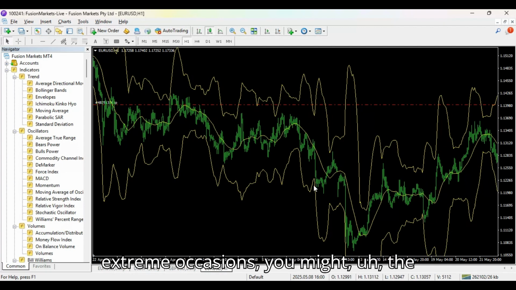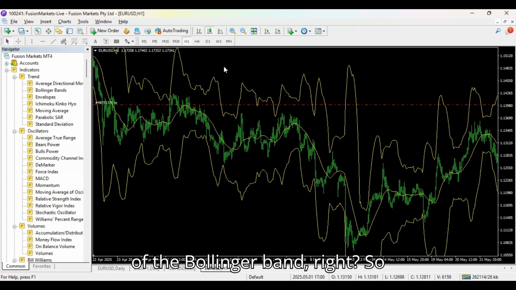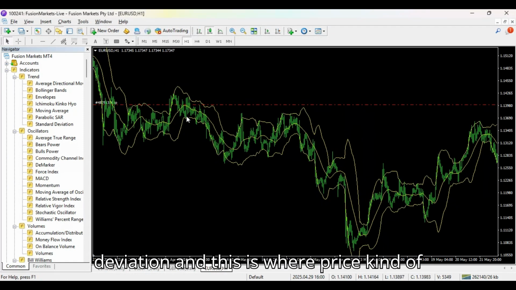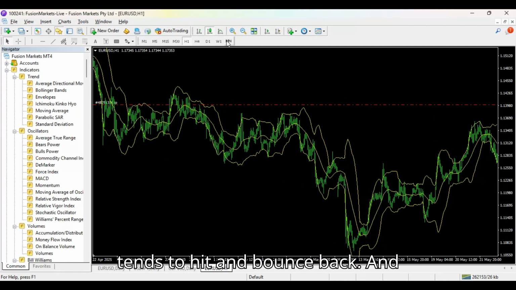Only on extreme occasions the price actually hits the bottom band of the Bollinger Band, right? So the most common deviation is 2 standard deviations, and this is where price kind of tends to hit and bounce back, etc.